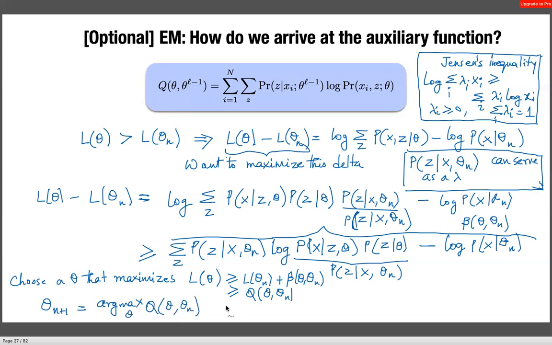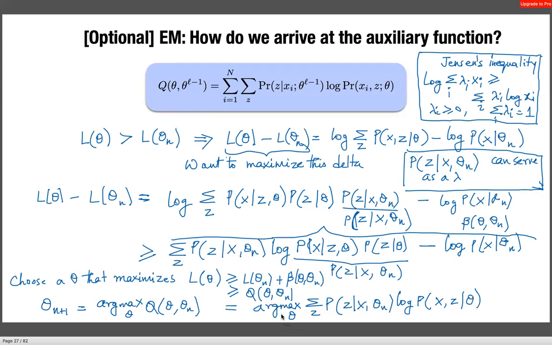If you add in the two terms, beta is this entire large term, and we already know what L theta n is. If you expand those terms out, you will end up with the summation over all z of probability of z given x, theta n, times log probability of the joint of x and z given theta.